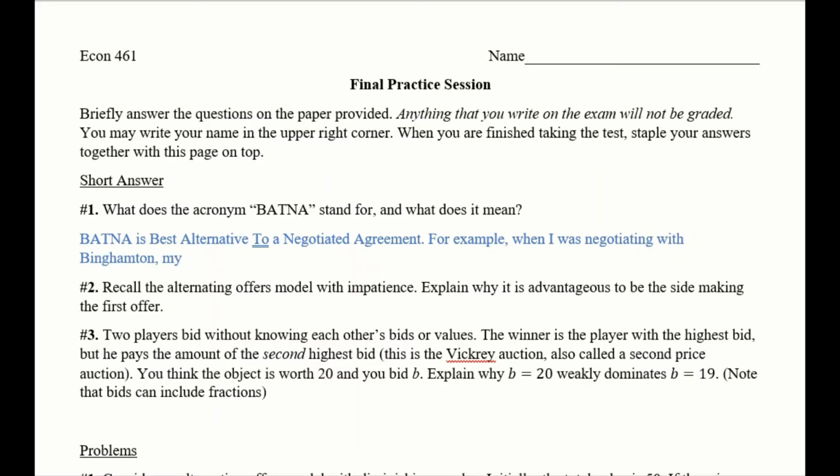So if my negotiations failed to reach a deal, my outside option was staying at Truman State. And how much money I could have gotten there was my BATNA.